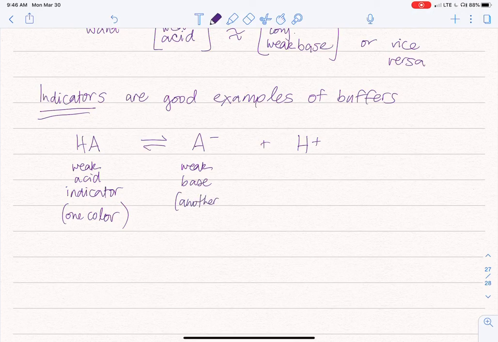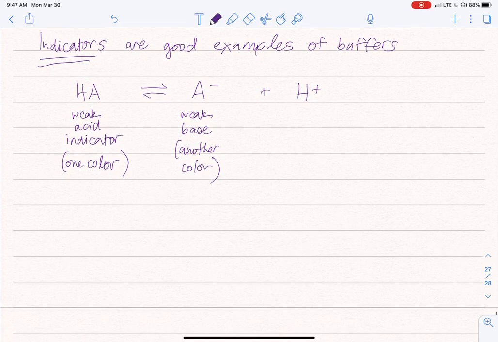So color indicators are just going to be species that change in color when they get deprotonated or protonated. So this is going to be another color. The deprotonation in this case would give you an indication of a change in pH.